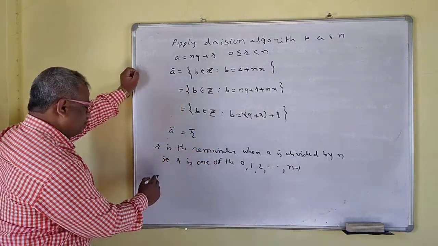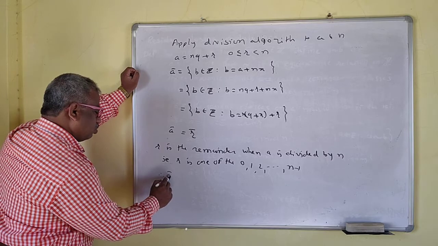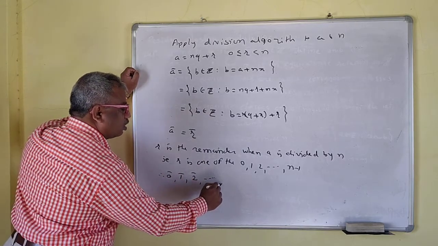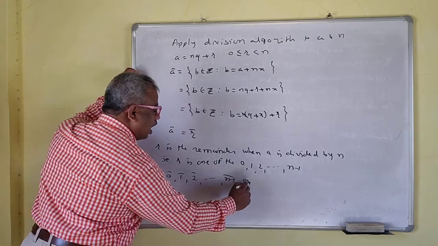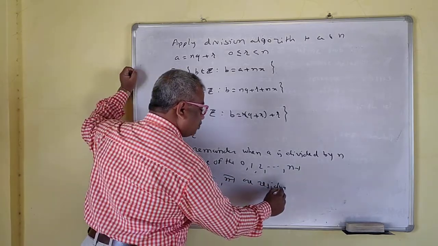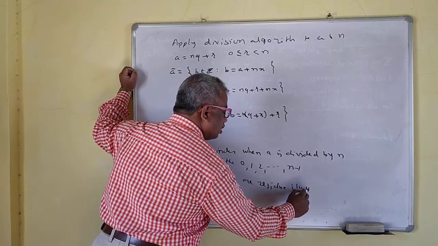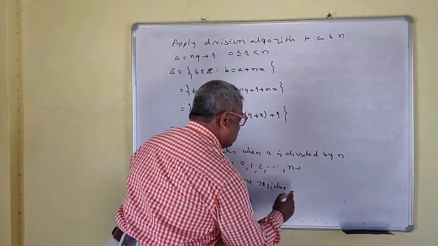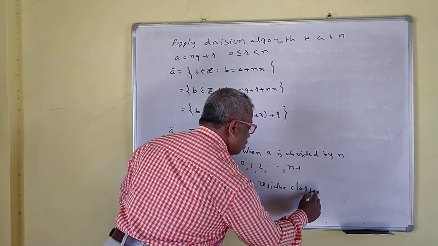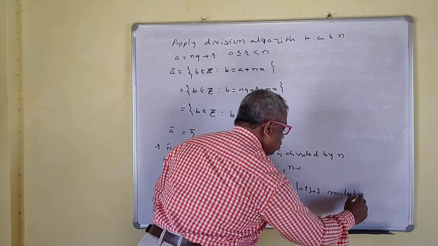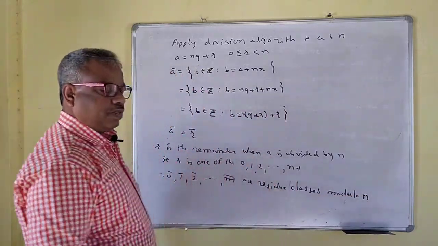Therefore 0 bar, 1 bar, 2 bar, dot dot dot, n minus 1 bar are residue classes modulo n.